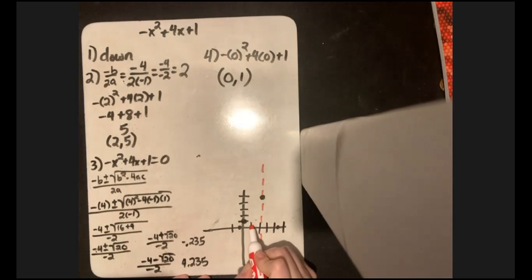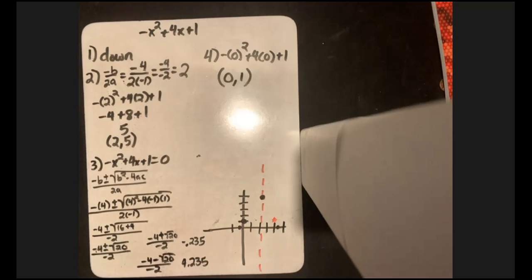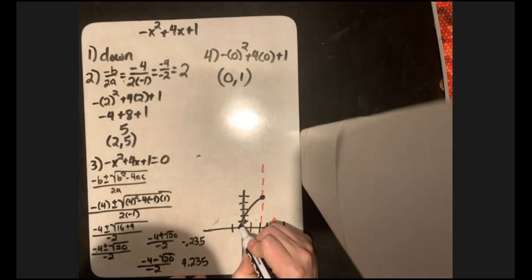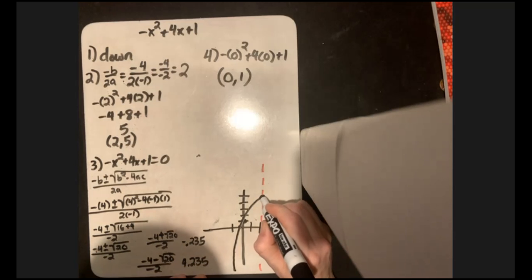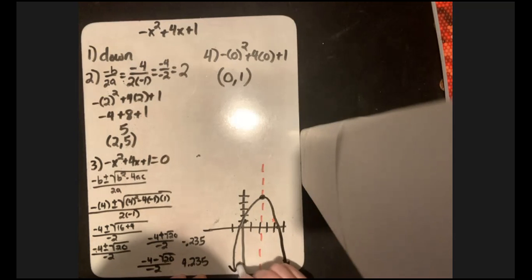That is clean and pretty 2 units to the left of our axis of symmetry, so 2 units clean and pretty to the right, I could put in a mirror matched point so that I have it. Now we're going to play connect the dots. So I'm going to make a nice, pretty rounded shape this way, nice, pretty rounded shape that way. And there is my quadratic graph from general form.